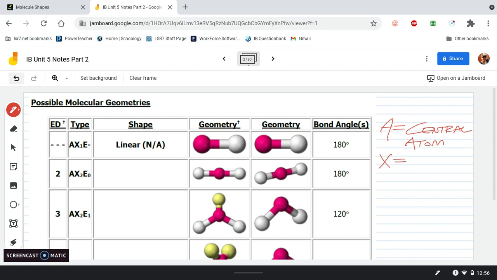An X is going to be an element attached to the central atom.